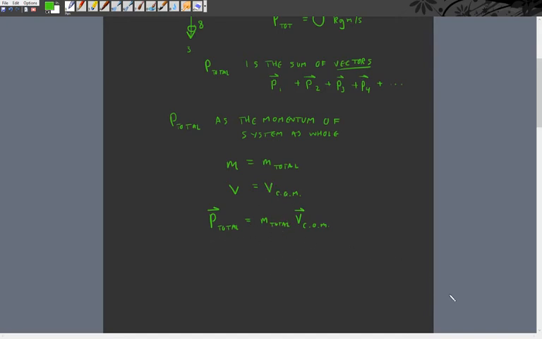Alright, so let's go ahead and do an example. In this example, we're going to be finding the total momentum of a simple system that's going to consist of three birds. I'm going to call this my 3 wet bird example.